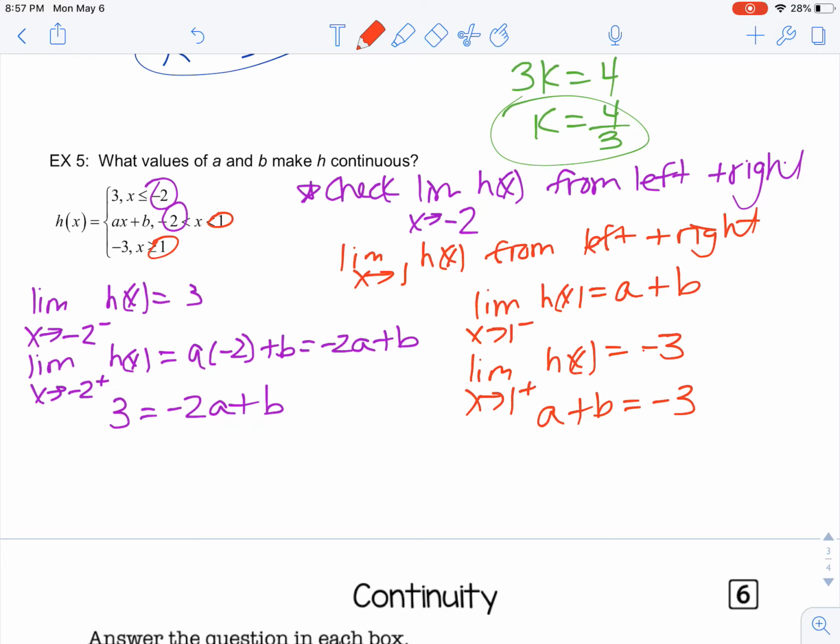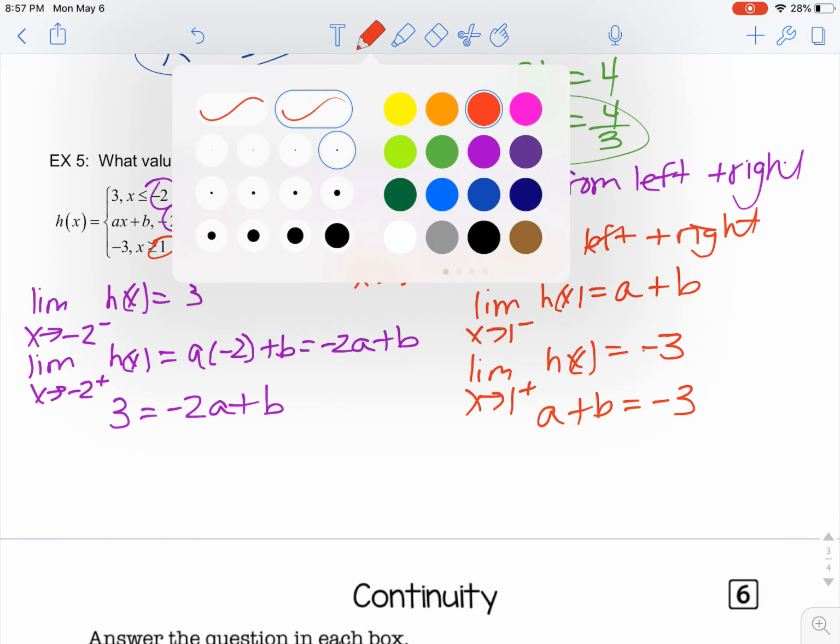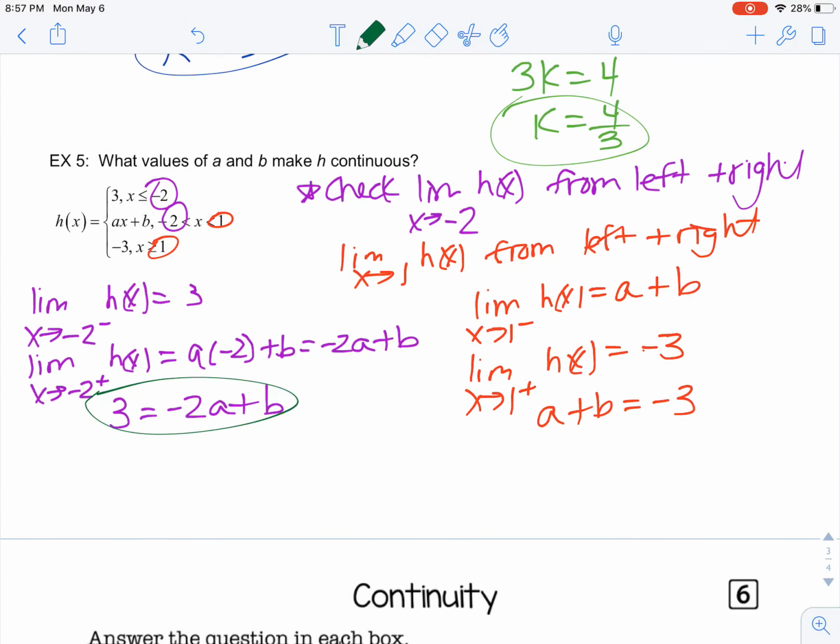Okay, so now that we have that, you can either use substitution or elimination, whichever method you like best. So I'm going to take both of these equations: negative 2a plus b equals 3, and a plus b equals negative 3.